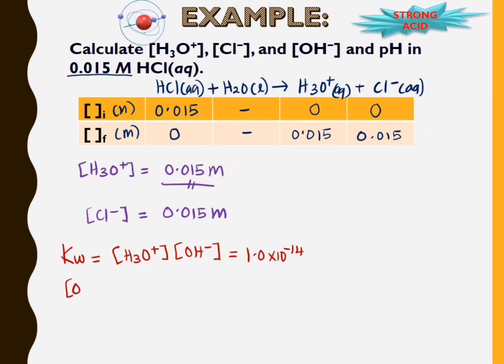So, you can directly calculate the concentration OH minus. Kan? Boleh terus kira. So, you dah dapat 1.0 darab 10 kuasa negatif 14.